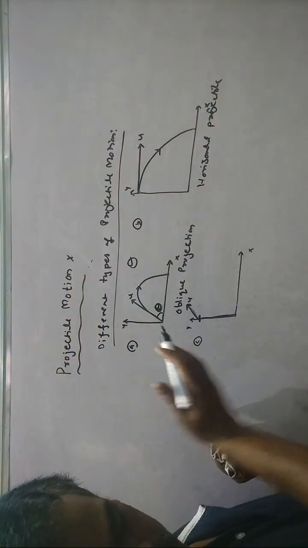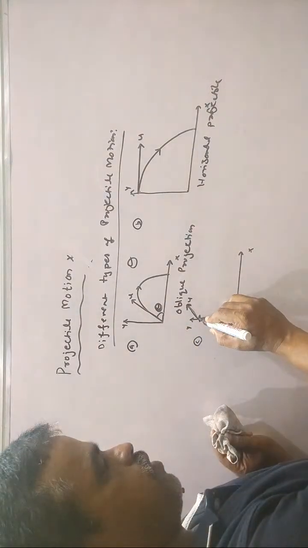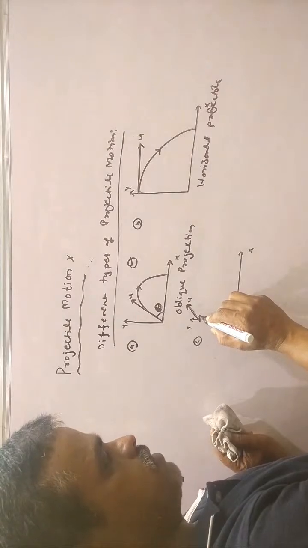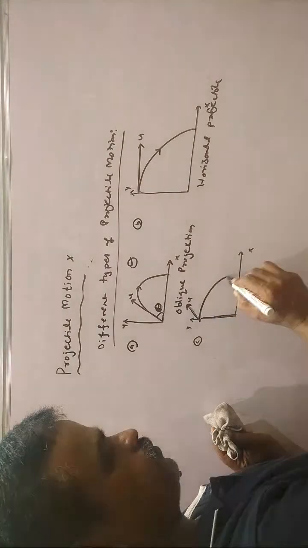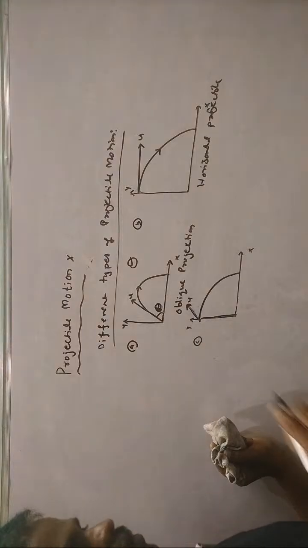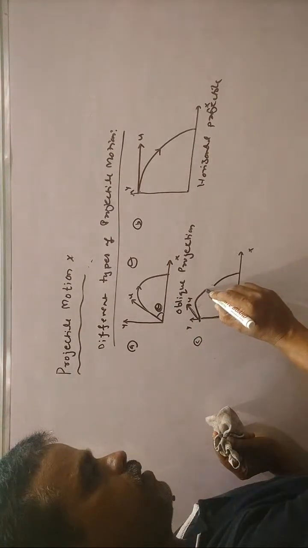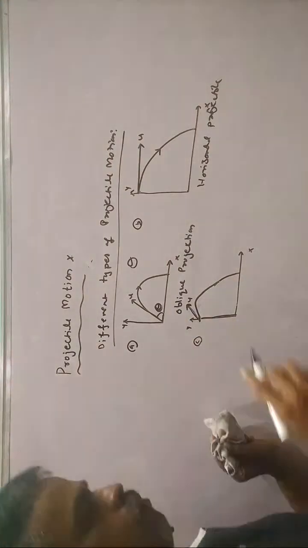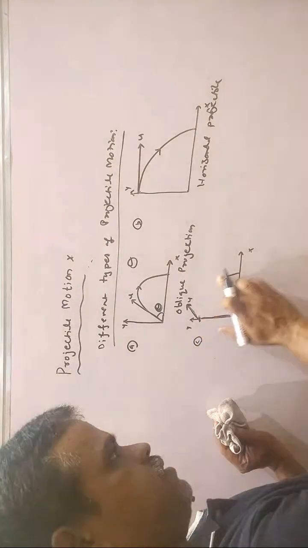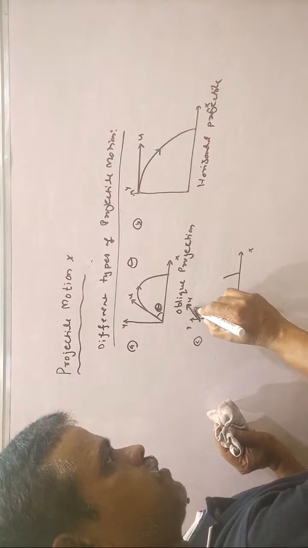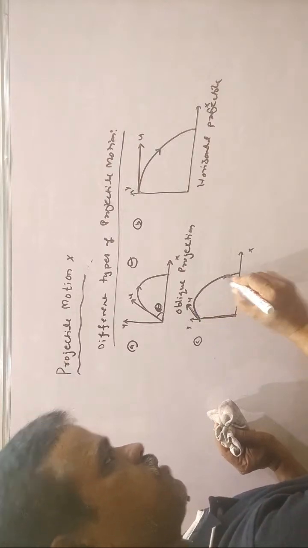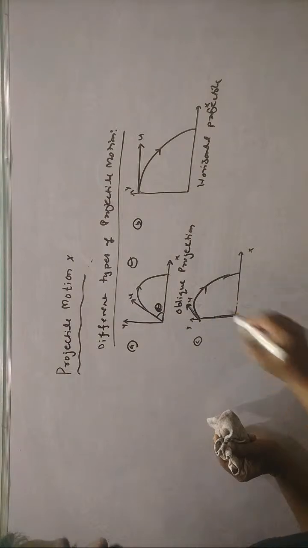So the path of the body, the journey, travels like this. Initially it will go up along the velocity vector, then comes down. So this is the path.